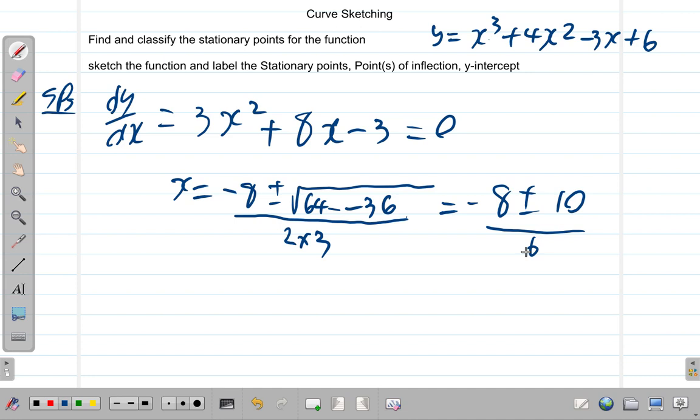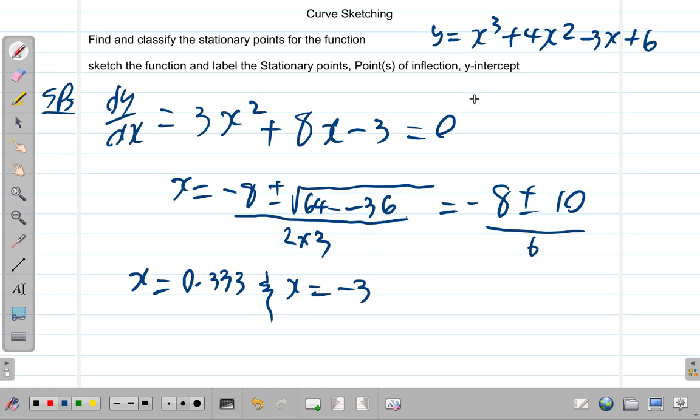So now x equals negative 8 plus 10 over 6. Negative 8 plus 10 is a positive 2, and 2 over 6 is 1/3, which is 0.333. Let's call it that. And also x equals negative 8 minus 10, which is negative 18, over 6, which is negative 3.